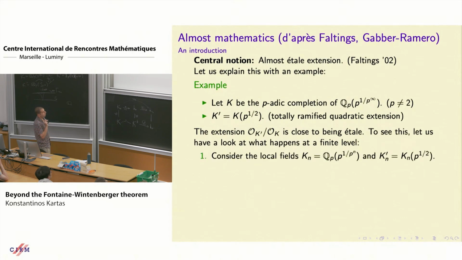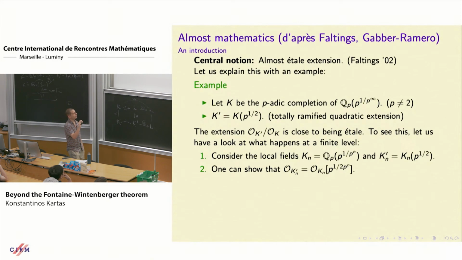Let me look at what happens at the finite level. I consider this finite approximation, so to speak. Now I adjoin the p to the nth root of p for a fixed n, and K_n prime is the corresponding quadratic extension. It's an easy exercise.